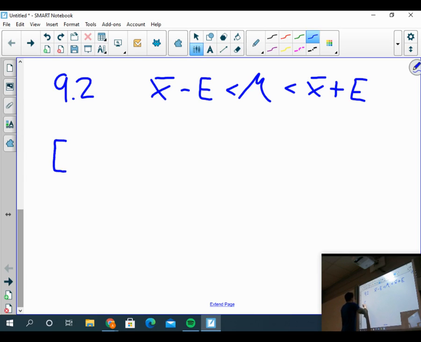And the problem is that affects our error. Because if we use the same tactics that we did in 9.1, substituting S in for sigma, if we didn't know sigma, and using Z of C as our critical value, it turns out it doesn't produce for us the accuracy in the confidence intervals we're looking for. What do I mean by that?